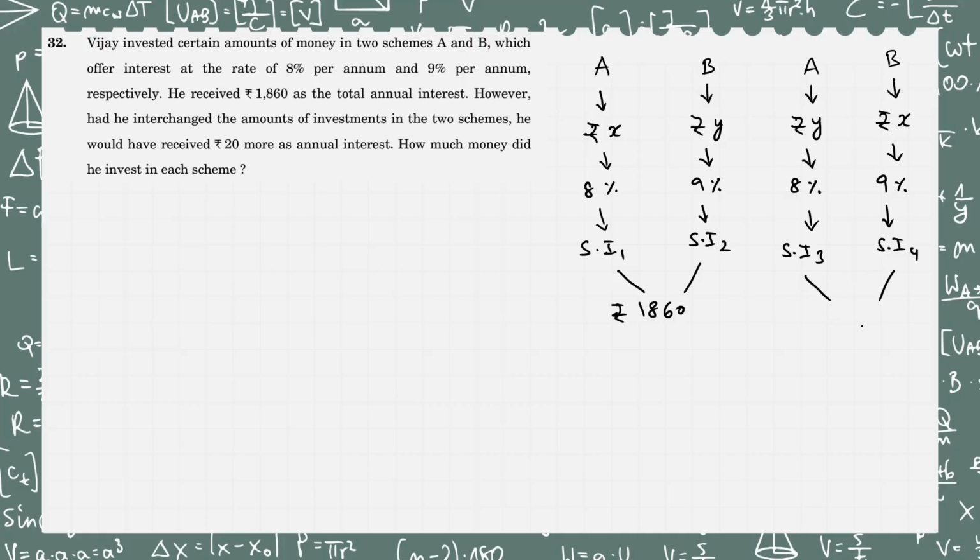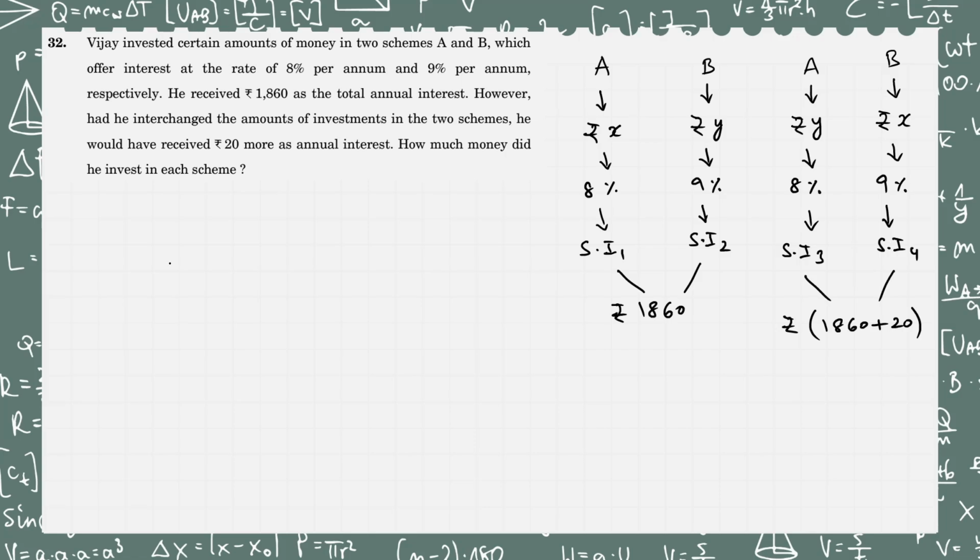When we add both of them, it is getting us 20 rupees more than the previous case. I mean, 1860 plus 20 rupees is the interest gained. So if we plan the action like this, we can nicely frame our steps.